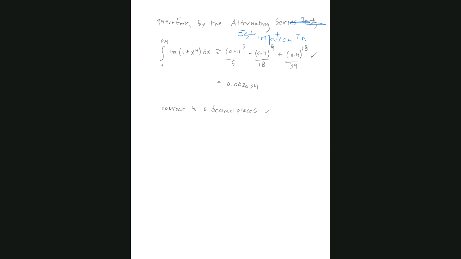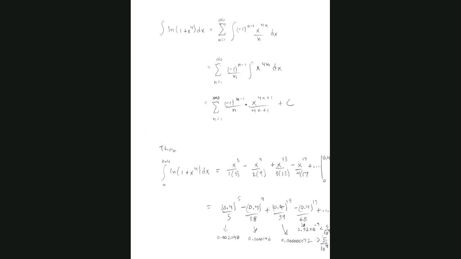Of course, you're going to see problems like this on part 2 of exam 3. And when you get your approximation, you can't just give me the approximation. You have to apply, for instance, the alternating series estimation theorem. That's an important part of your work.